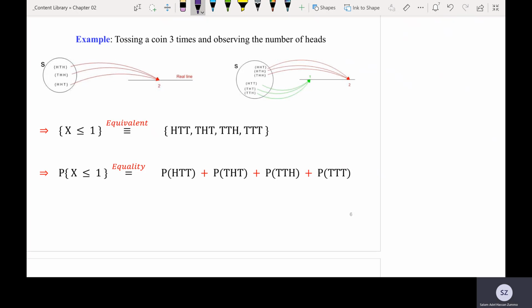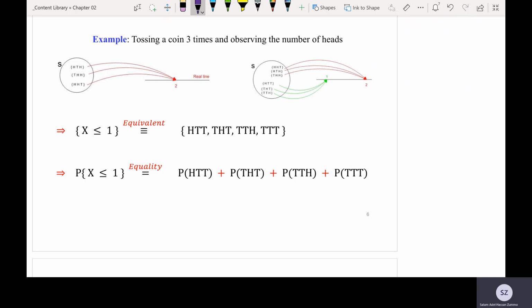Now going back to this example, flipping the coin 3 times and marking the number of heads. So the probability that x is less than or equal to 1. This is what we call an event.